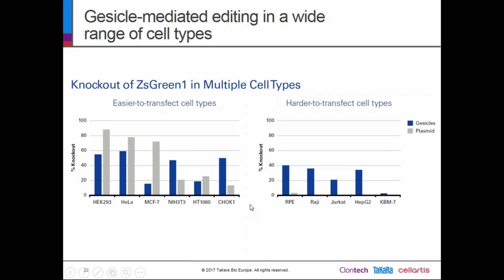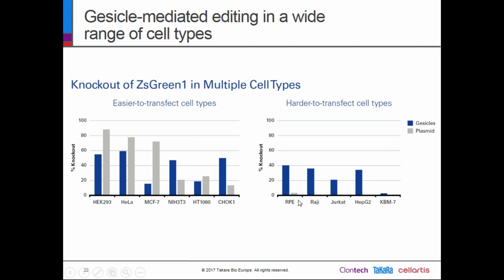What you can see on the left is that in these very easy to transfect cell types, sometimes plasmid delivery gives higher gene editing efficiencies, sometimes jasicles work better. In all the cases you should get lower off-target effects when using jasicles compared to plasmid delivery.